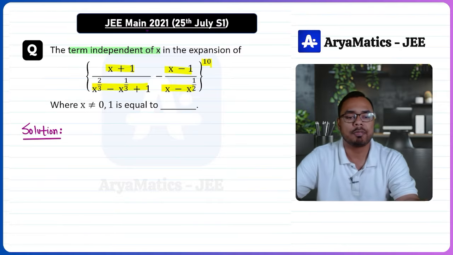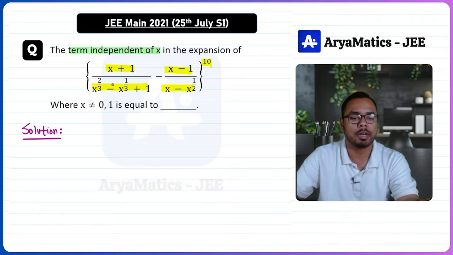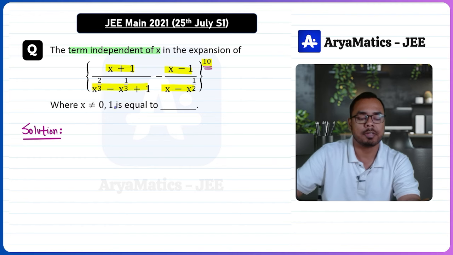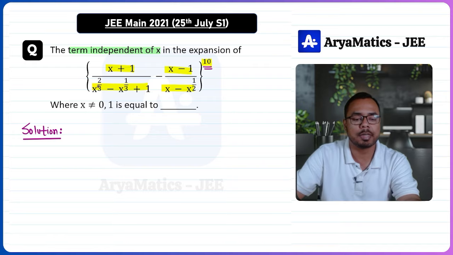So, in this problem, first we need to simplify these two terms, right? And then after that, we have to see what should be the constant term in the binomial expansion of this raised to 10. So, first let us try to simplify this one. In the denominator, you can see that we have x raised to 2 by 3 minus x raised to 1 by 3 plus 1. So let us say x raised to 1 by 3 is nothing but alpha.